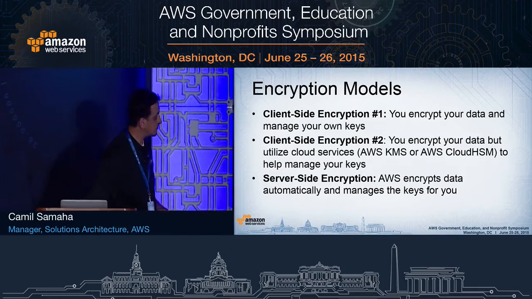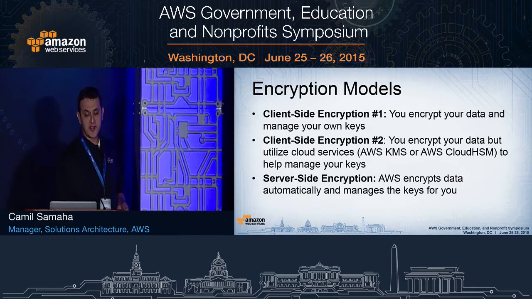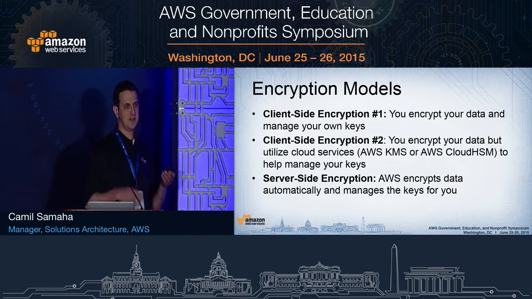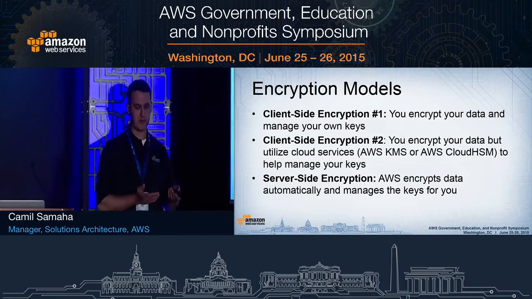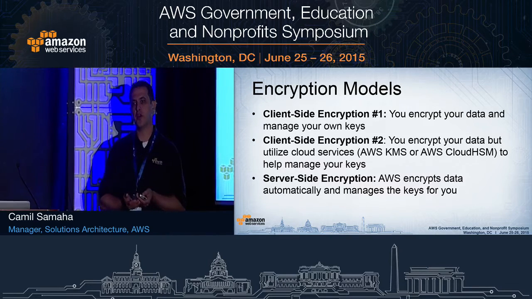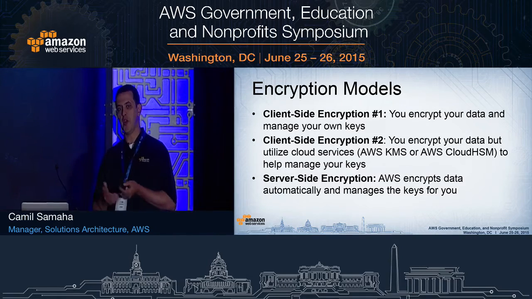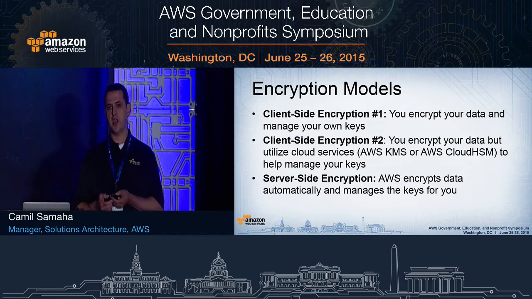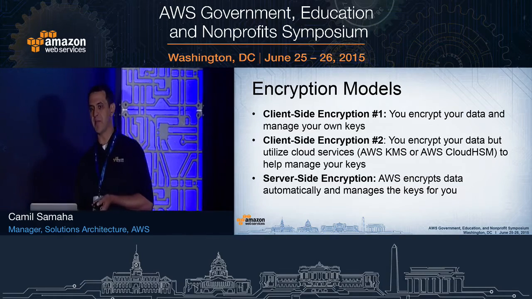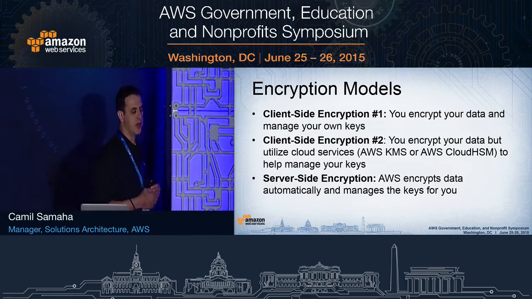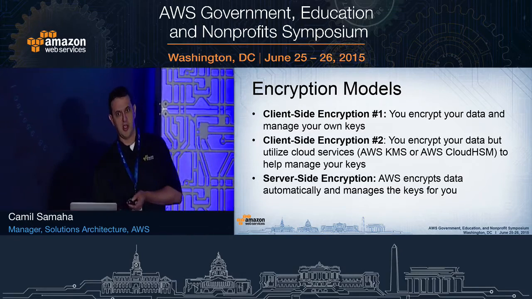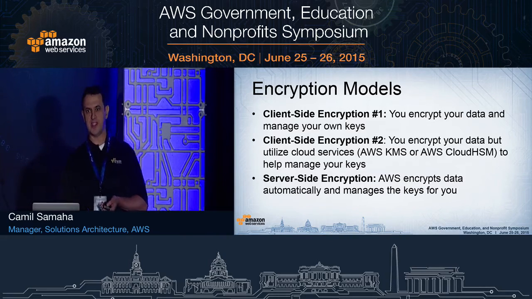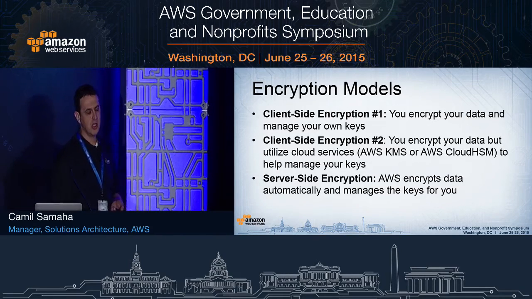All right. So what are some of the options you have available on AWS? Well, you can start at a range where you encrypt your own data in your code and use your own key management infrastructure. You can encrypt your data in your code and leverage some of the AWS services to help you with the key management function.